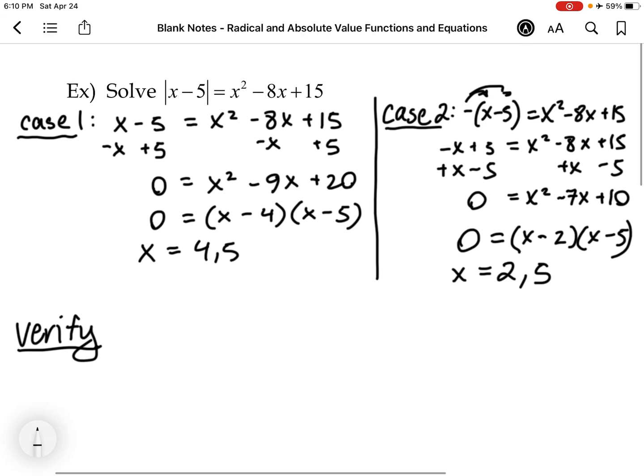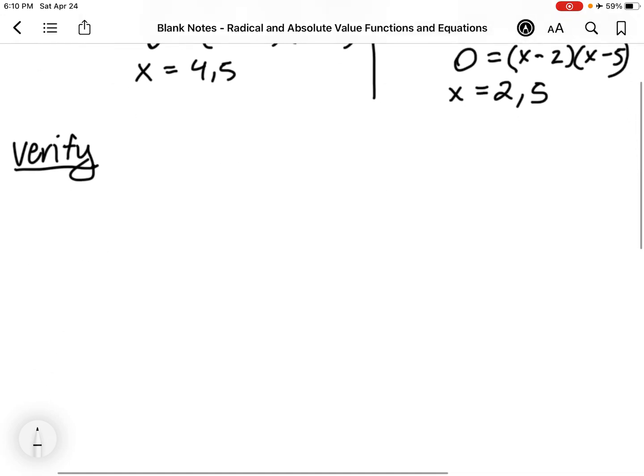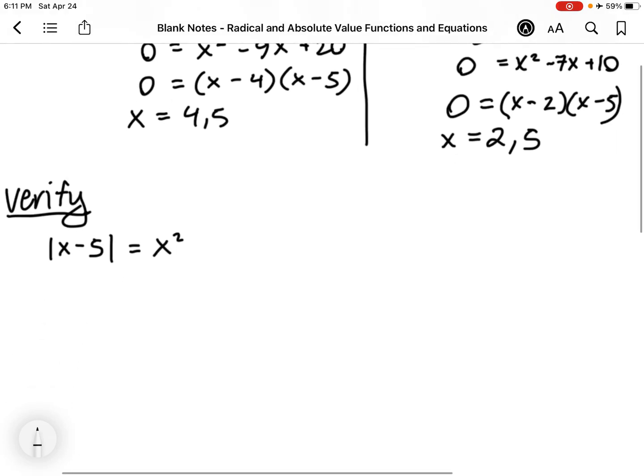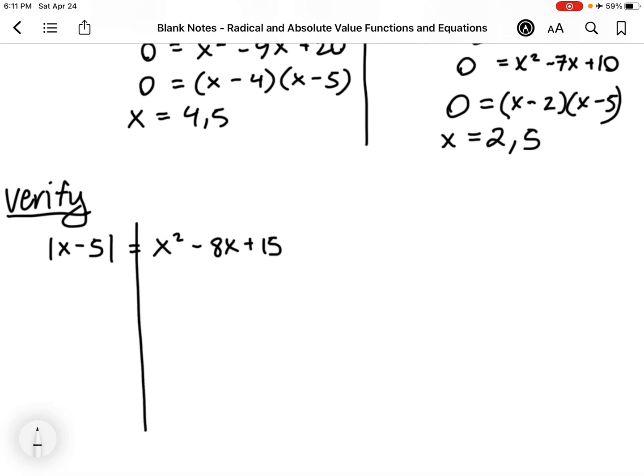Okay, so the original equation was the absolute value of x minus 5 equals x squared minus 8x plus 15. And I will maybe just start with x equals 4. So I'm going to plug in a 4, and I'm going to get the absolute value of 4 minus 5.